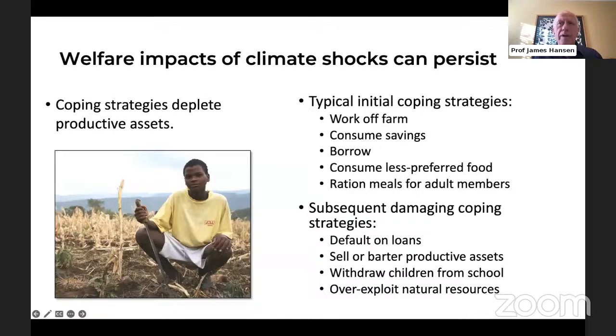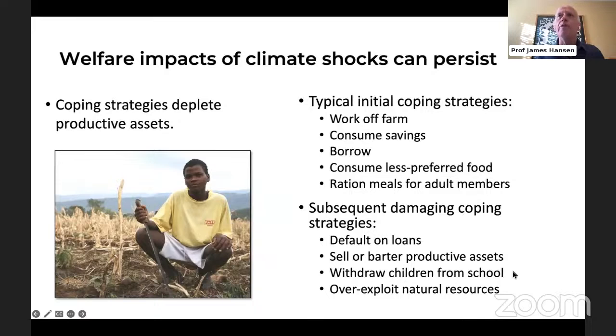If the stress is too severe, if it lasts too long, if, for example, there are multiple crop failures in back-to-back years, then they may be forced to implement more severe coping strategies, damaging coping strategies. So this would include, for example, defaulting on loans. If you don't repay your loan, you may not be able to borrow in the future. Selling or bartering productive assets, such as your draught animal, your plow, a bicycle or motorbike, a vehicle.